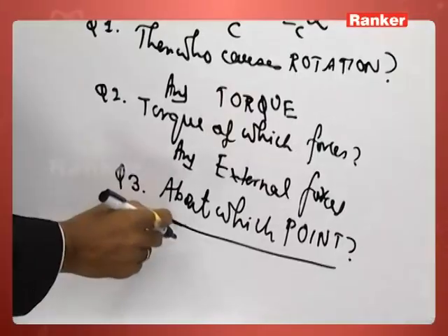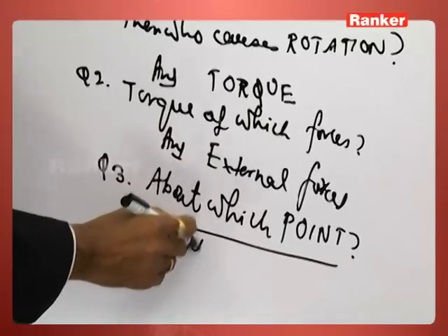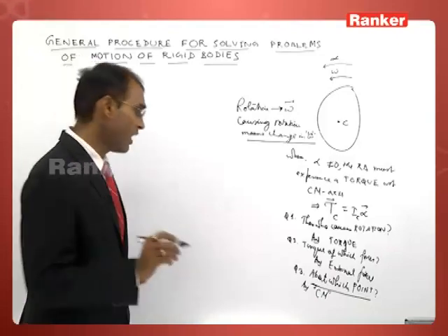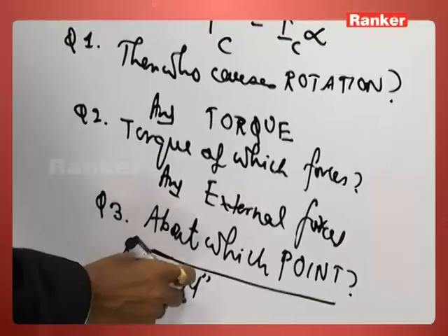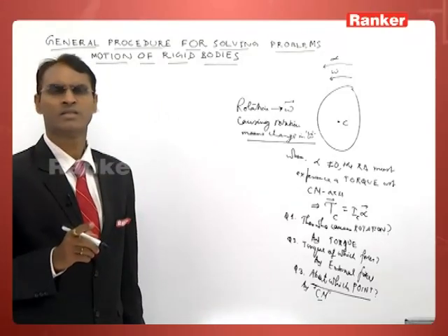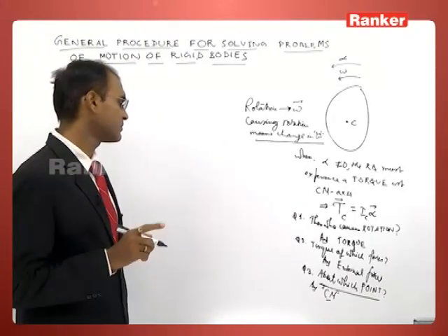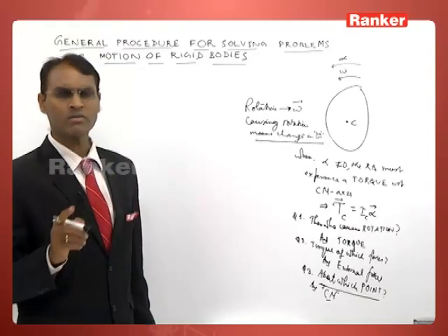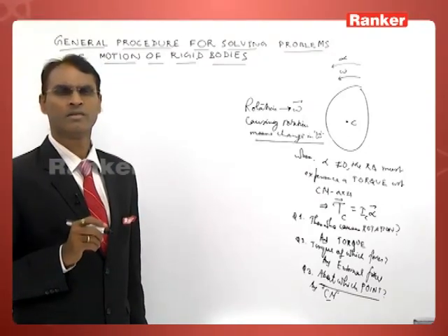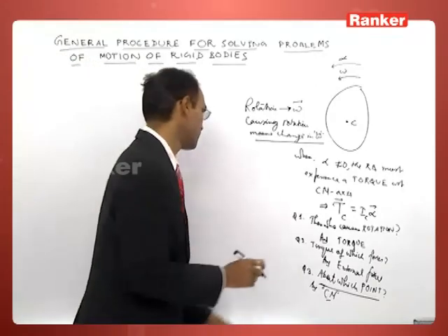The answer is about the center of mass, but not any other point. The torque about the center of mass of the rigid body due to the external forces only will be the cause of rotation.